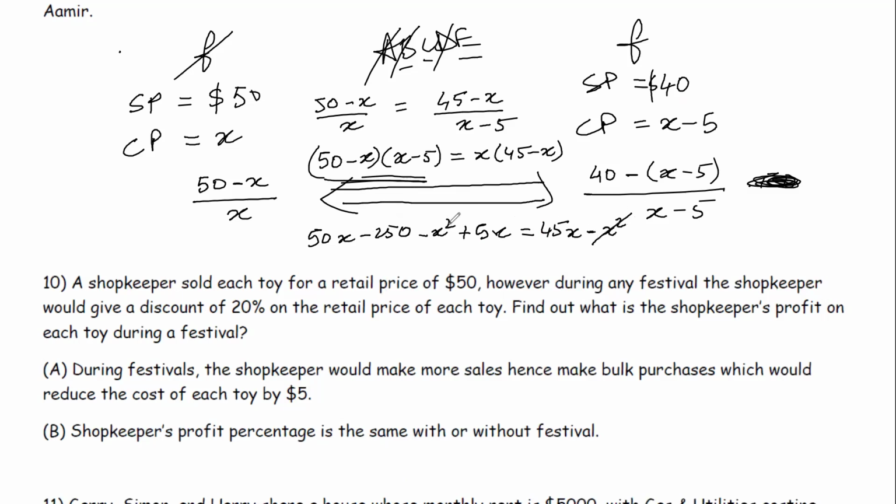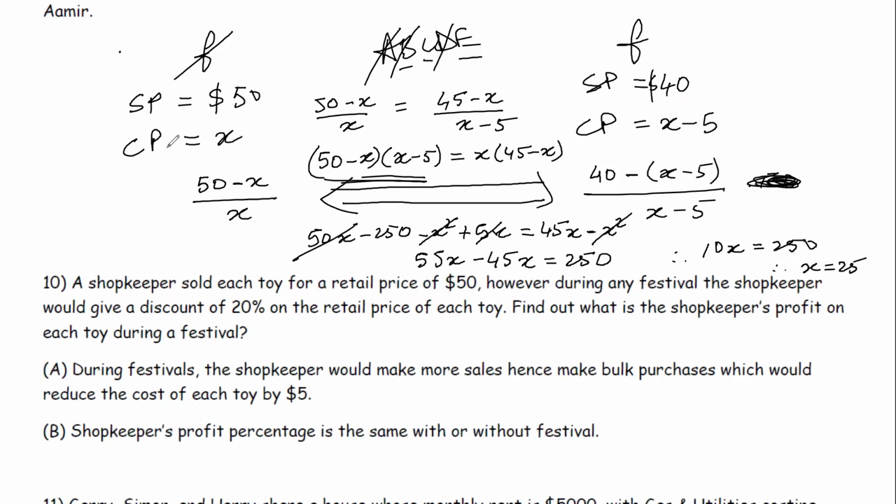So clearly minus x squared cancels. It just becomes a linear equation to solve, right? So you get 50x plus 5x, which is 55x, minus 45x is equal to 250. Therefore you get 10x is equal to 250. So x is 25.